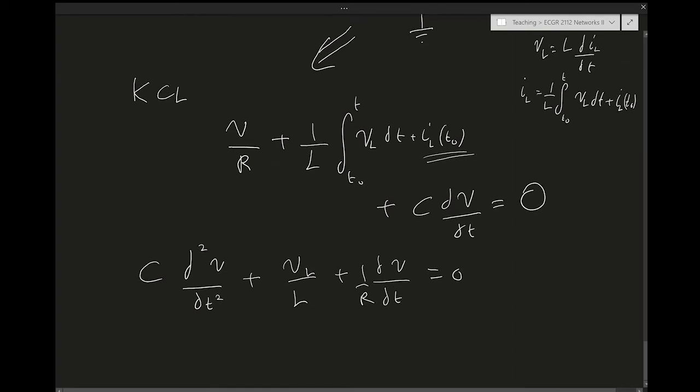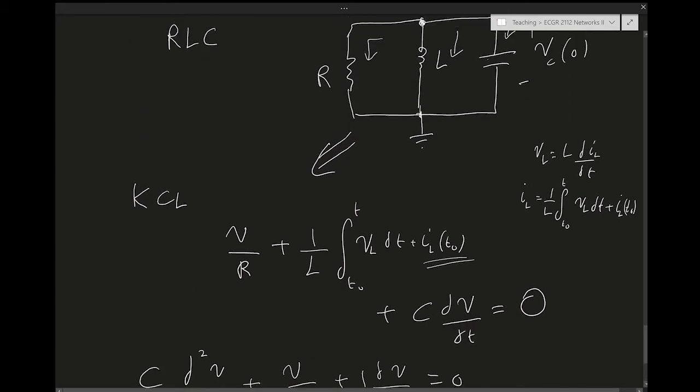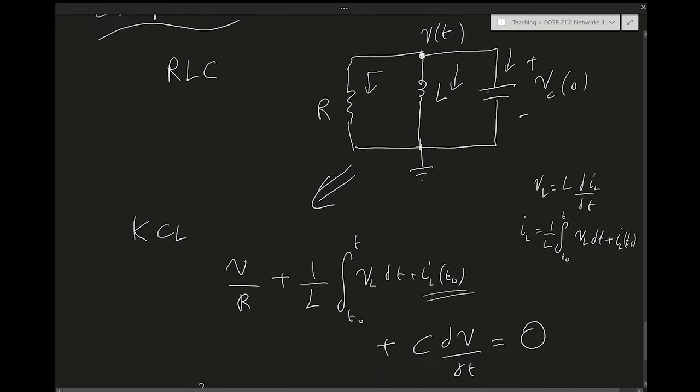Divide everything by C and rearrange. I end up with d squared V over dt squared plus 1 over RC dV over dt plus V over LC equals 0. So this would be the differential equation describing the parallel RLC circuit.